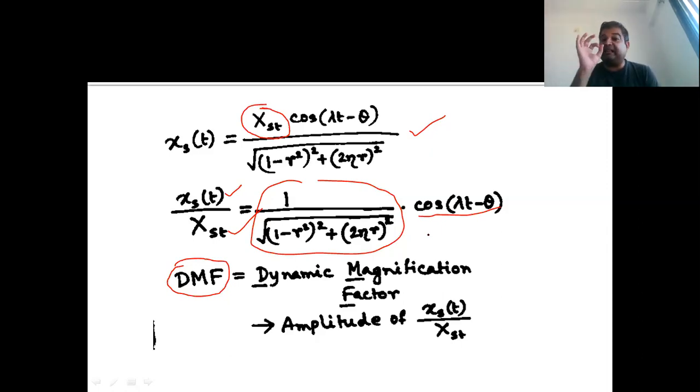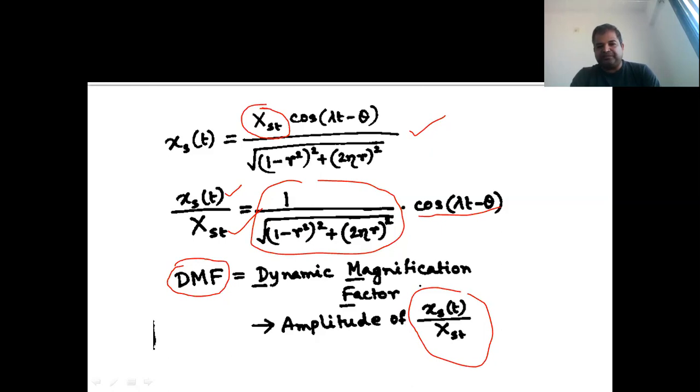That is the value given by the dynamic magnification factor. Dynamic means it is a dynamic load, and magnification factor means how much it has been increasing. That is given by the amplitude of the ratio of dynamic displacement to static displacement.